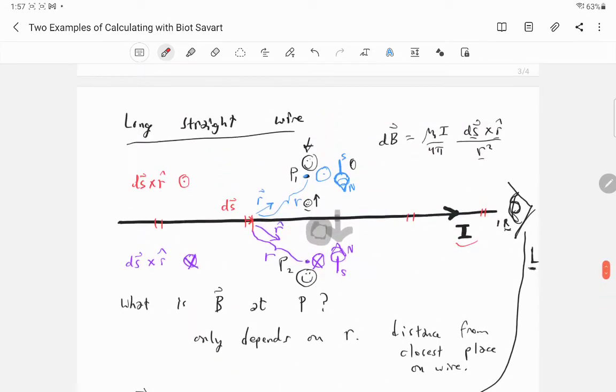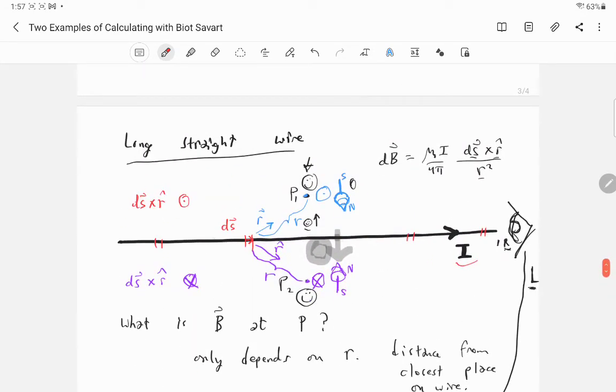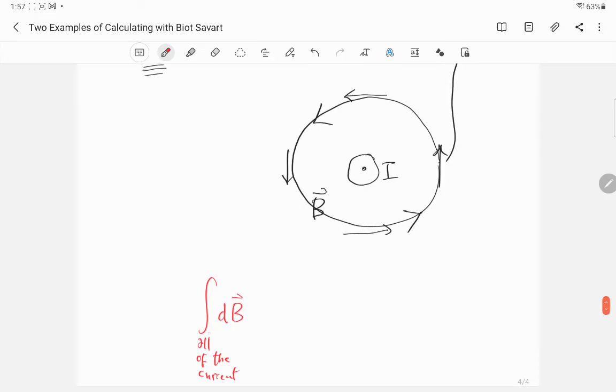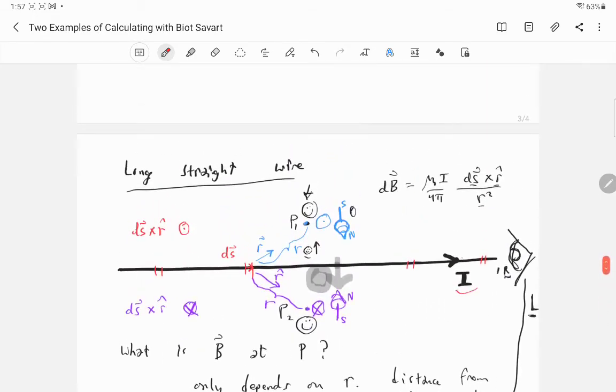In the case of our problem, we have to go all the way back to negative infinity, start there, go along some axis. You could say that this is the x-axis, and you go all the way out to positive infinity. So in this case, you're going to do negative infinity to infinity, or if you use angles, you might say that looking back down the wire, you start at the angle 0, and you go all the way to the front of the wire, to the angle 180 degrees, right?